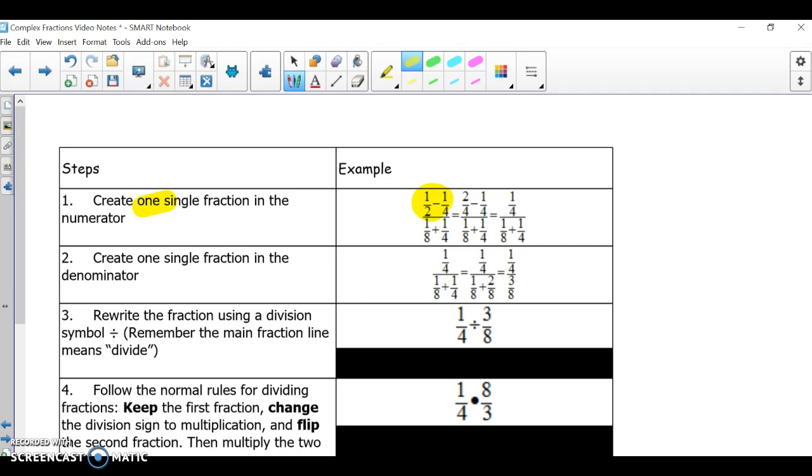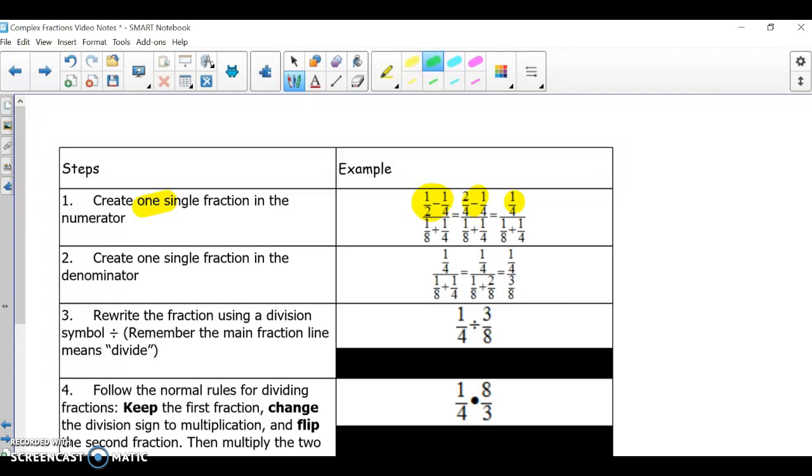The common denominator of 1/2 and 1/4 is fourths, and I change 1/2 into its equivalent fraction of 2/4. So now I create 2/4 minus 1/4. I can now do my math. 2/4 minus 1/4 is 1/4. Okay, so top is done.